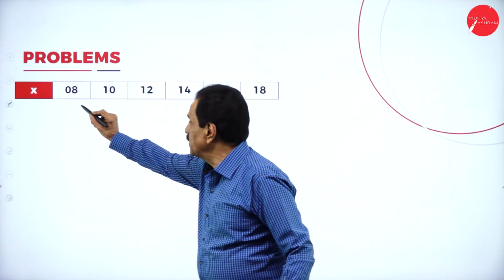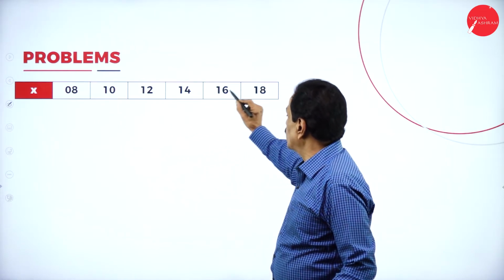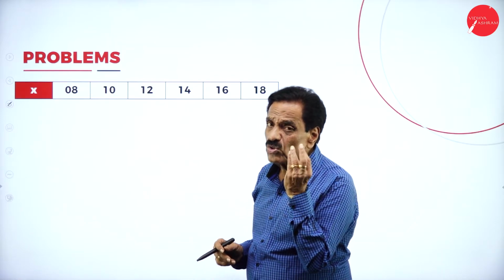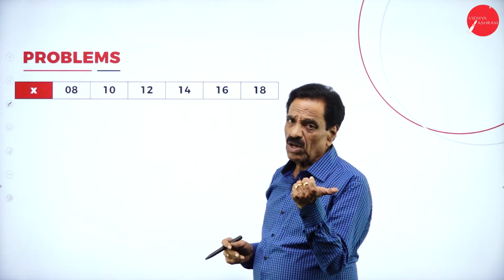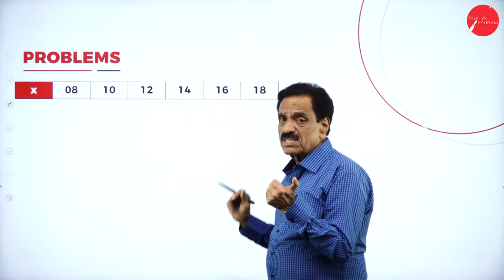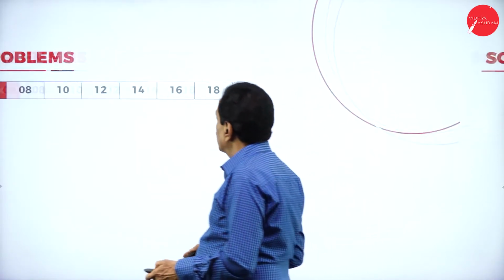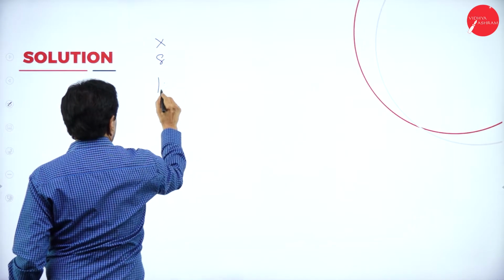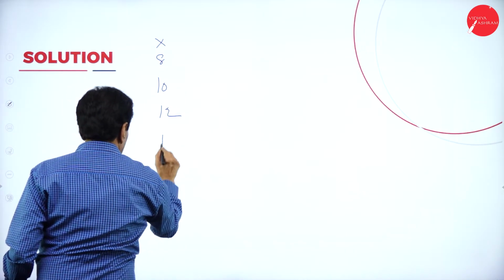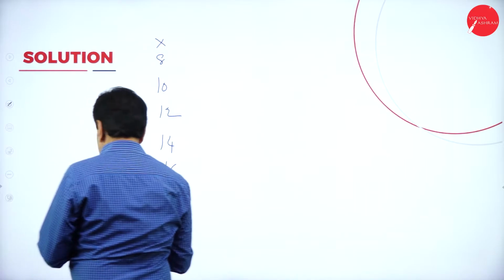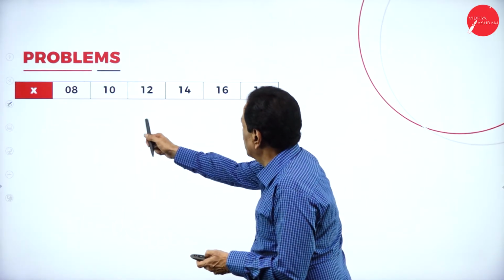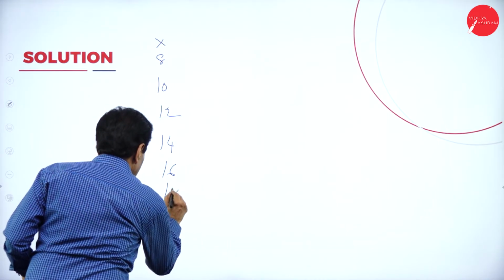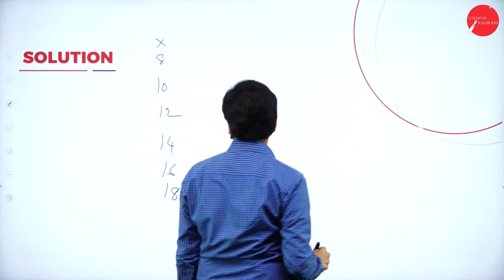What's your next problem? 8, 10, 12, 14, 16, 18. So there is an interval of how much? 2 is there. Difference of 2 is there, no?